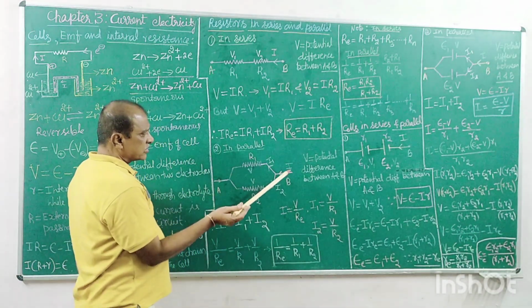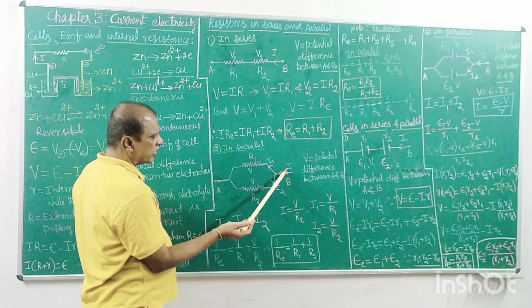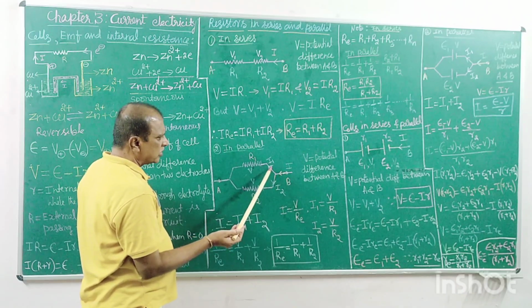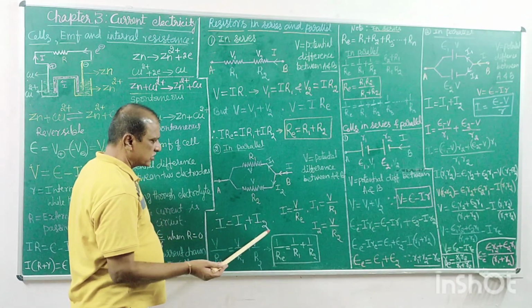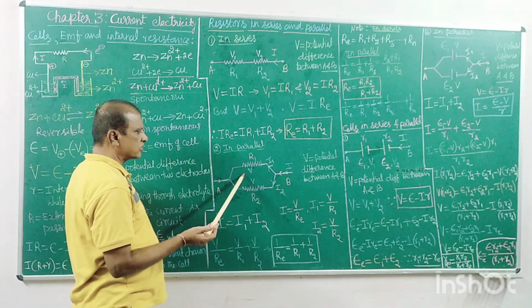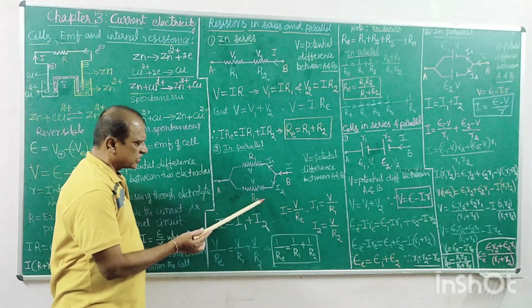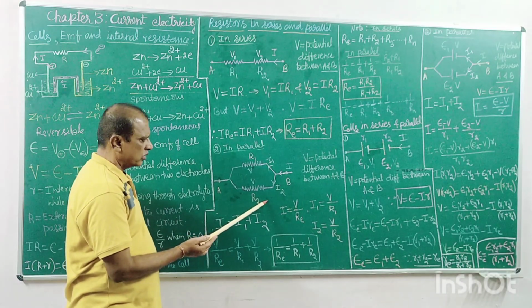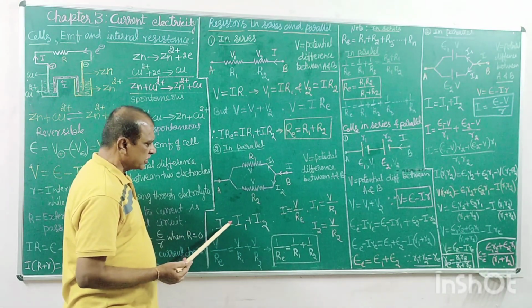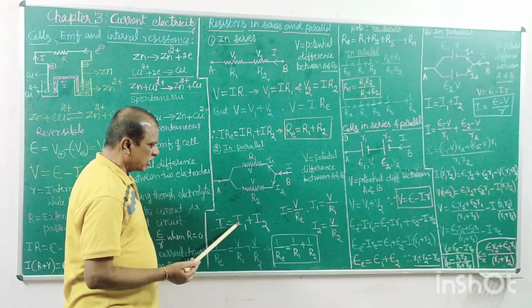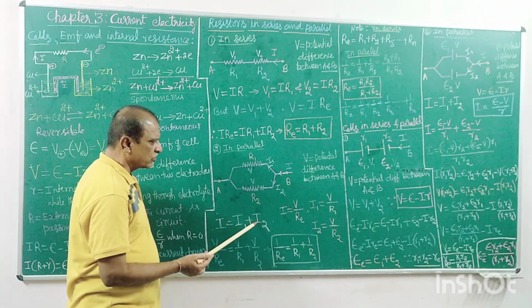So accordingly, the total amount of current up to this point is this current plus this current. This is the one equation applicable here. If that is the case, then apply Ohm's law to find out what I1 and I2 are.